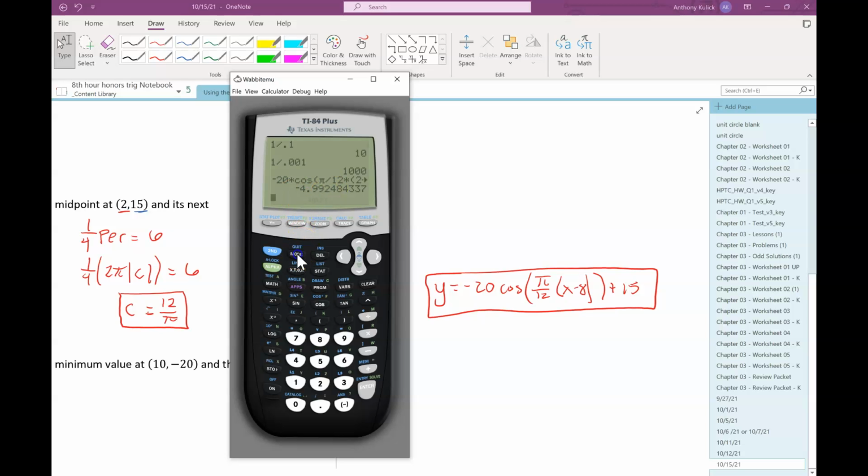Are you in radians or degrees? Yeah, I'm in the wrong mode. Boom. You guys see what I did there?